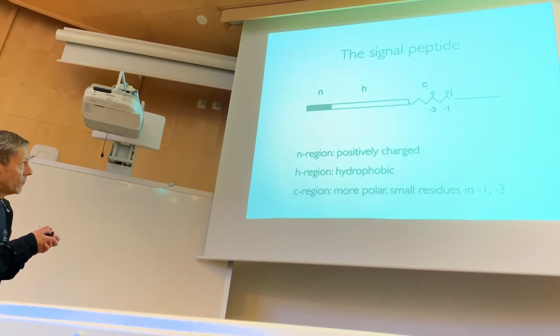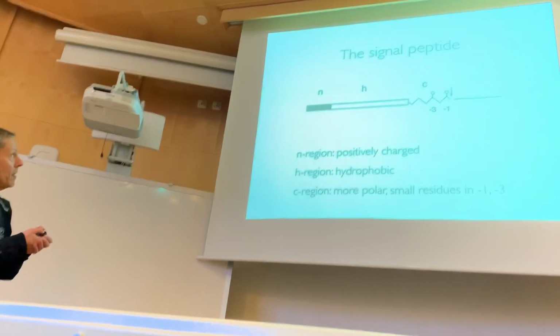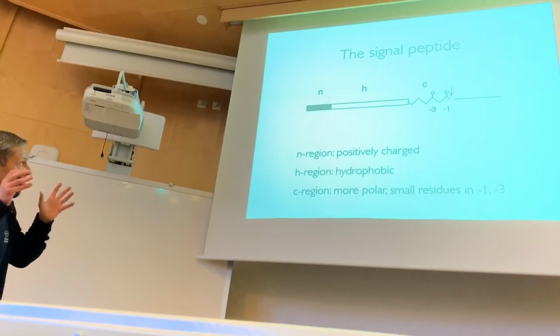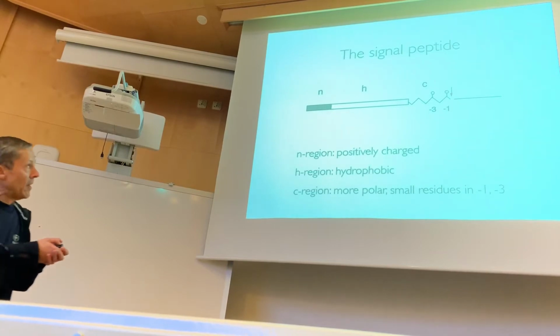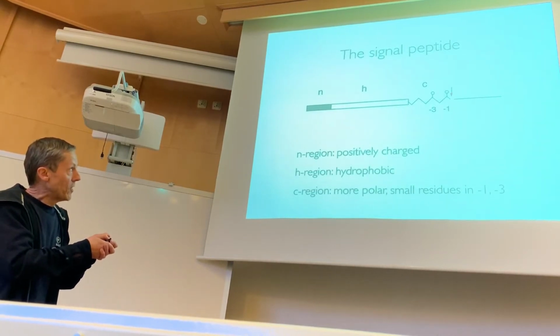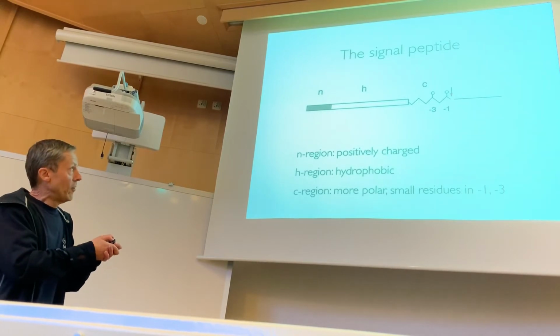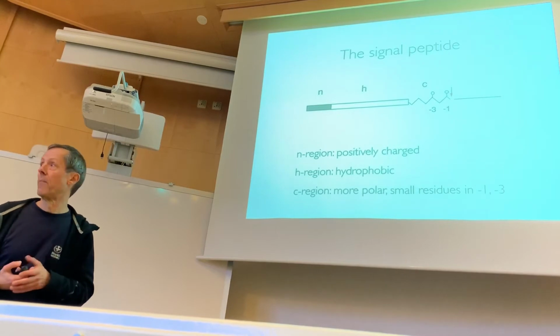And this was quite quickly realized that essentially all of them start out with a few positively charged residues right near the N-terminus, then a hydrophobic segment, typically 10, 12 residues long, and finally a short region of 5 to 6 residues that leads up to the cleavage site, where a specific enzyme called signal peptidase will actually cleave it off.